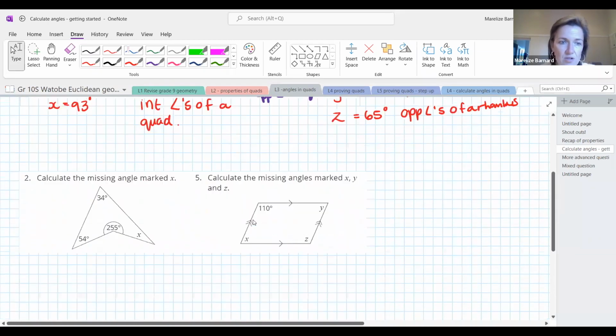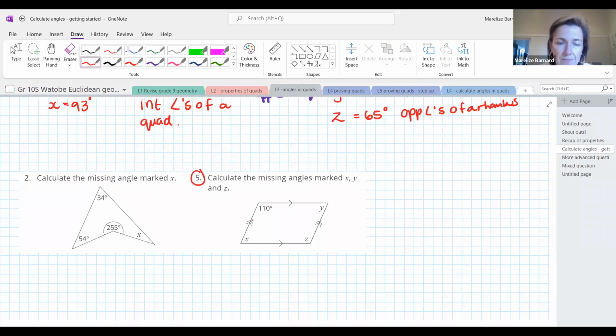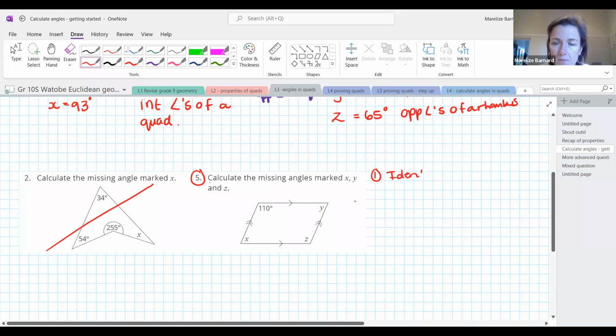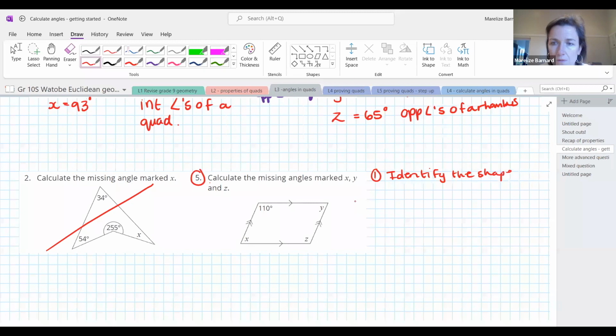Let's carry on. Let's do another one. Let's not do 2. Let's go to question 5 here. I'll go through that same process again. We identify the shape, and then we use the properties of the shape to solve for angles.